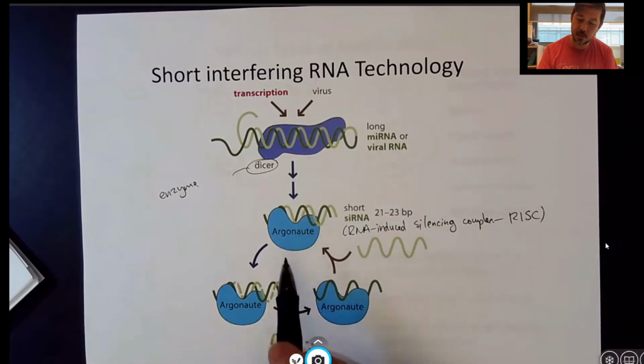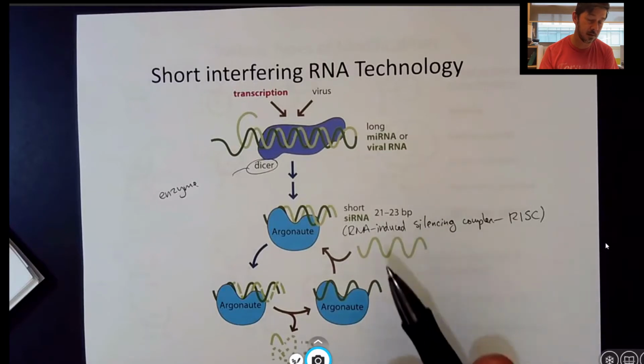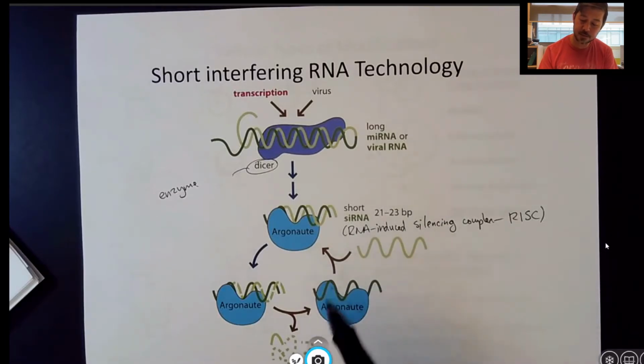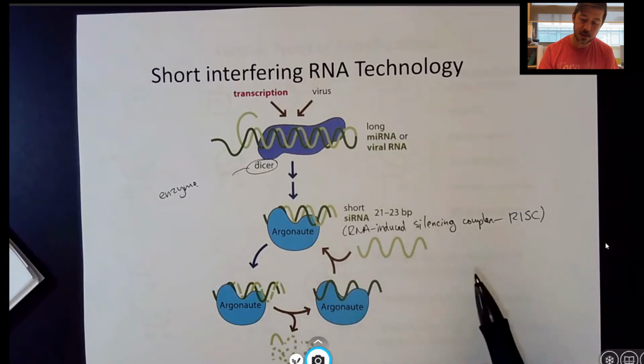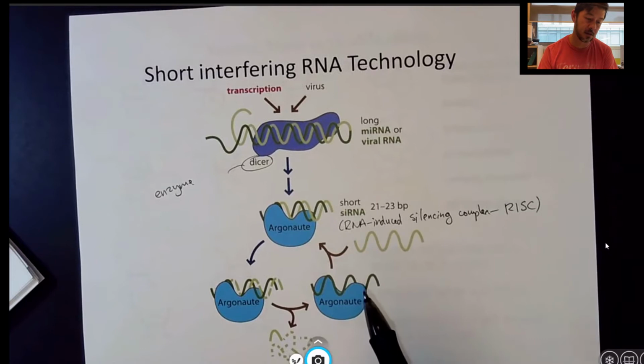And one of the proteins within RISC is called Argonaute, as shown here in this cartoon. So Argonaute will recognize the double-stranded short interfering RNA, and what it will do is it will degrade one of the strands.